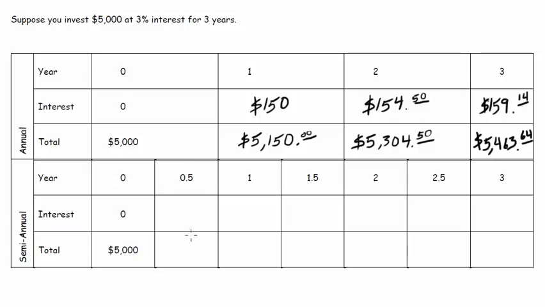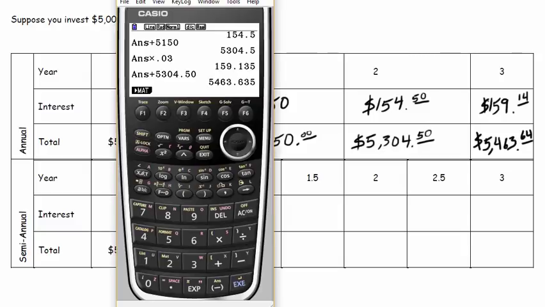Okay, so what we're looking at here, instead of being paid my 3% once a year, I'm going to get half of that interest midway through the year and the other half at the end. So instead of getting 3% once a year, I'm going to get 1.5% twice a year. Okay, so again, I start with $5,000, but halfway through that year, I'm going to get 1.5% of that.